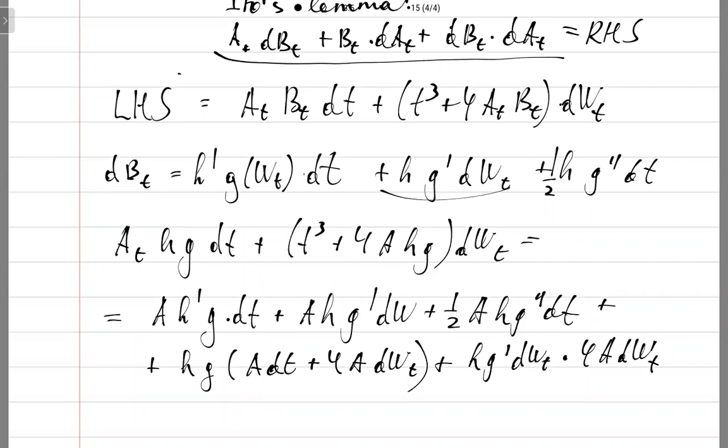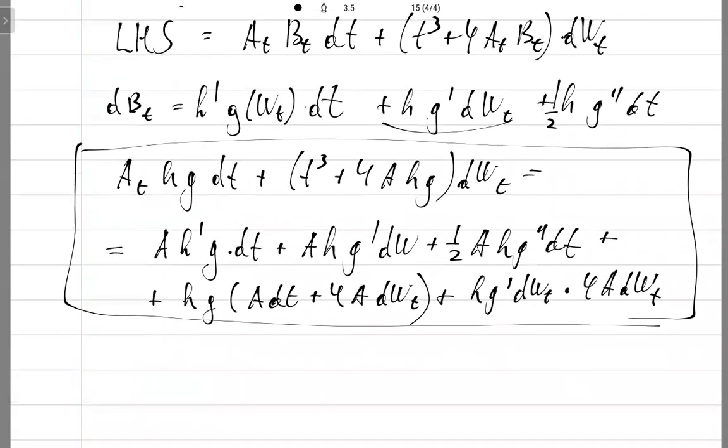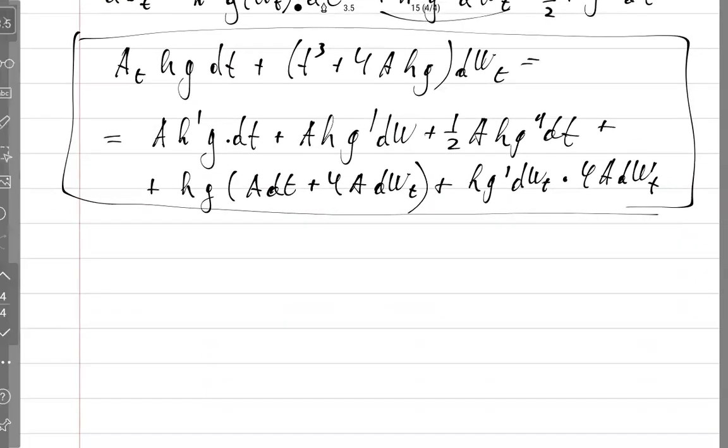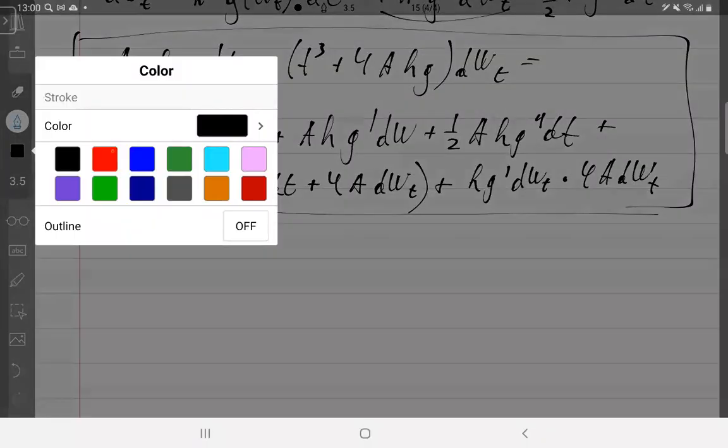So we have a big equation if we choose the wrong path, and let's see where we can find a contradiction. Something will simplify.